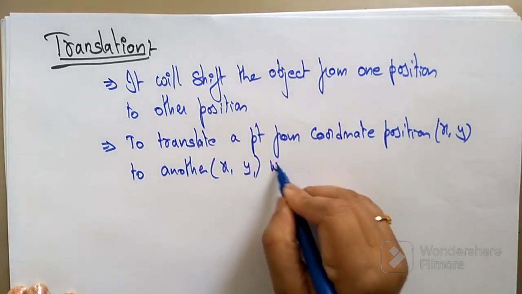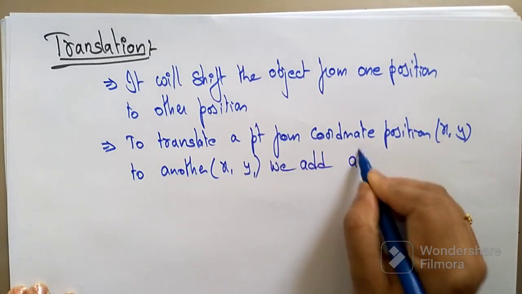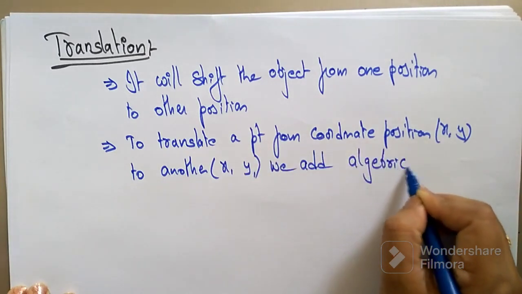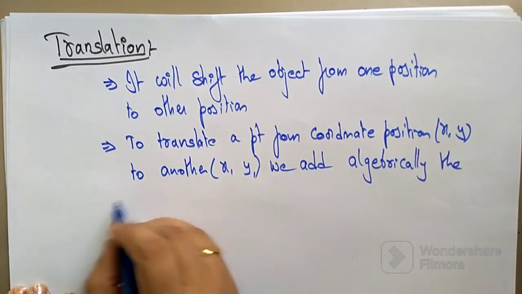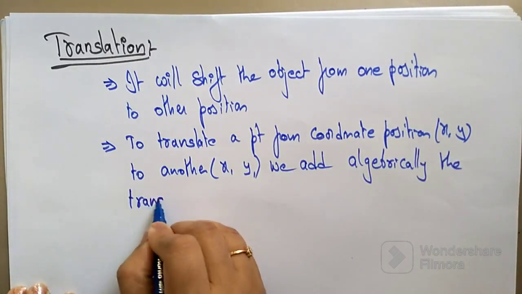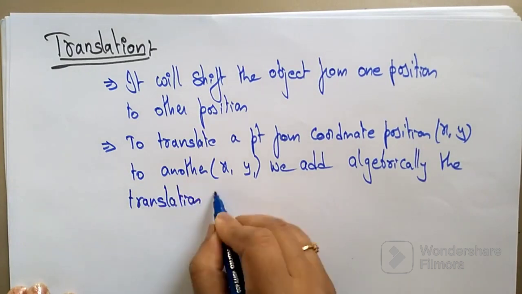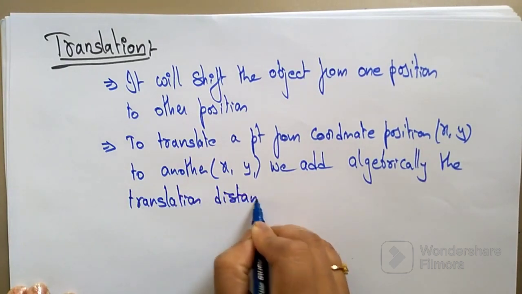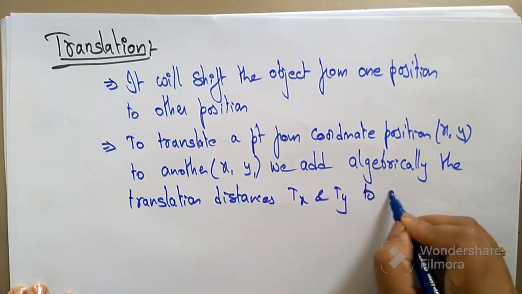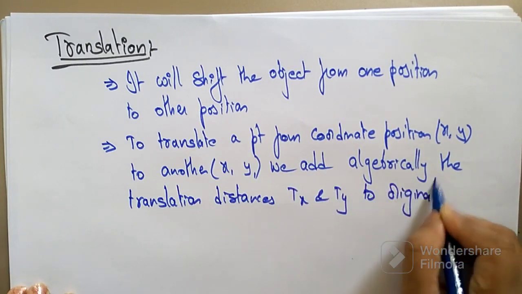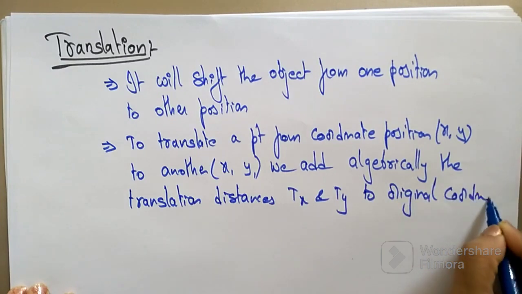We add algebraically the translation distances tx and ty to the original coordinates. That is the concept.